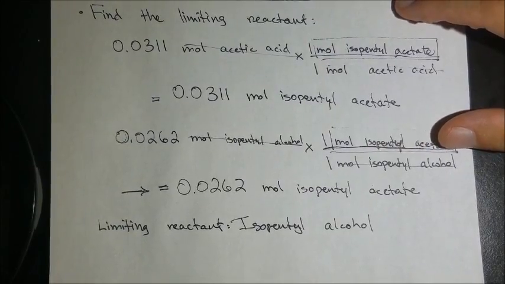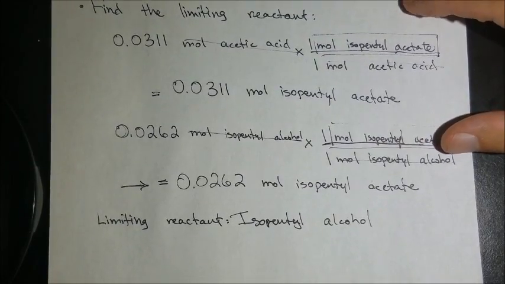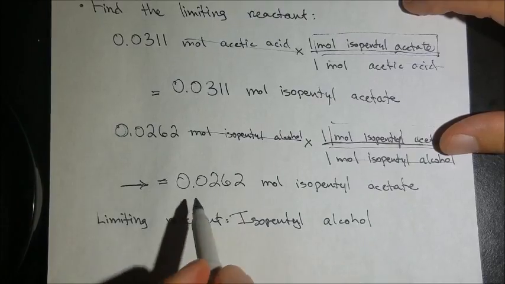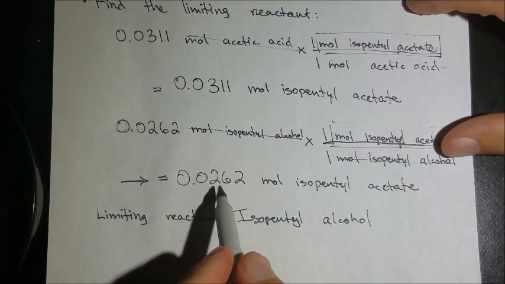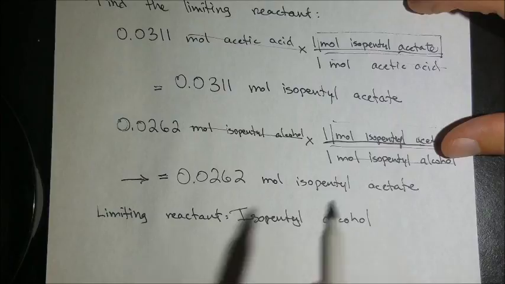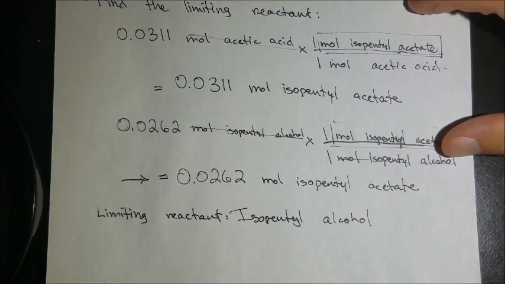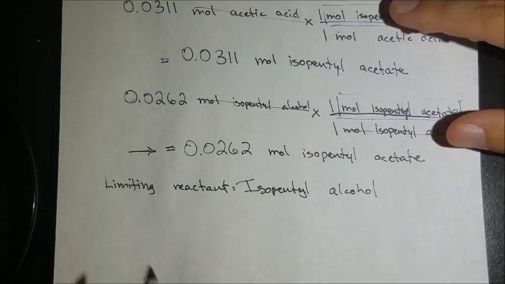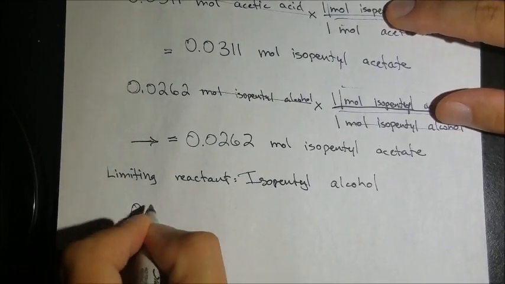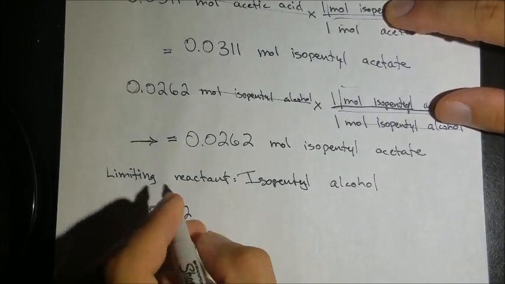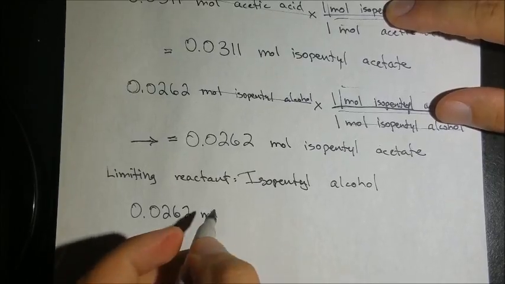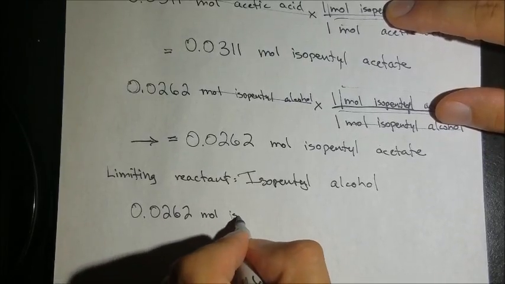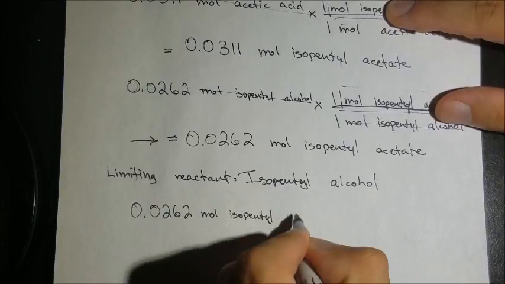Okay, so if we have now the number of moles of product that we made, that's the 0.0262 moles of isopentyl acetate, then it's fairly straightforward to convert that into grams. So let's go ahead and do that. 0.0262 moles of isopentyl acetate.